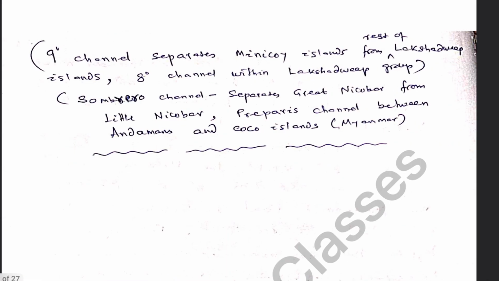And the 9-degree channel separates the Minicoy Island from the rest of Lakshadweep Islands. 8-degree channel that occurs within the Lakshadweep group that separates Lakshadweep from rest of the islands.